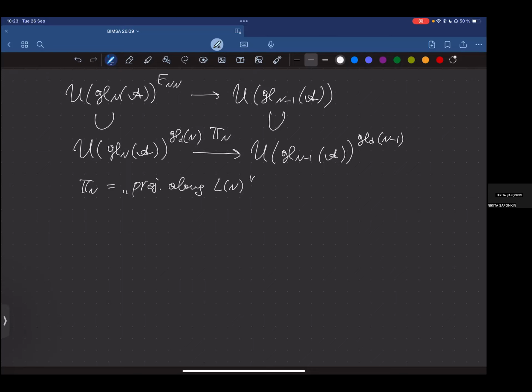And now we have our algebras, An, and we have projections. Then we can form the projective limit of these algebras under these projections.